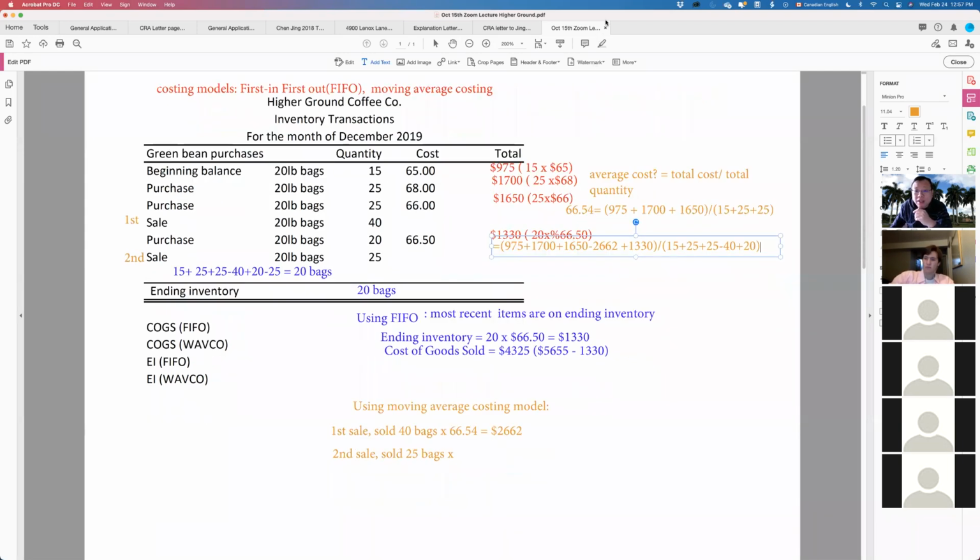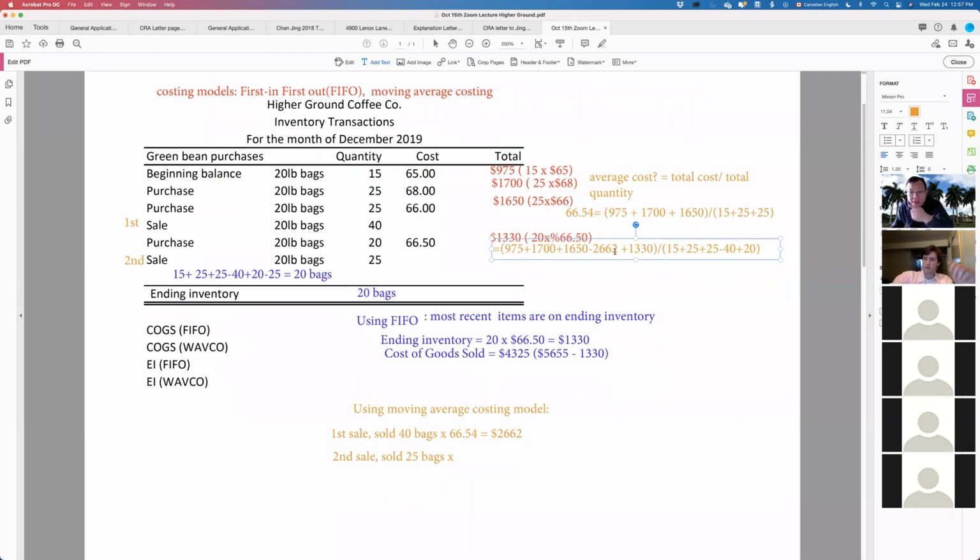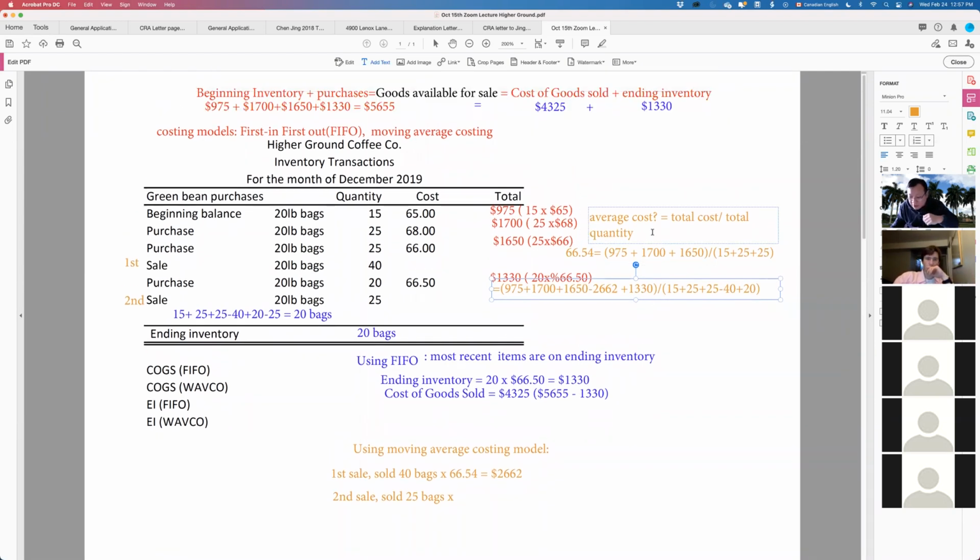Let me check the chats. Yes, okay, good, awesome. So now I need to calculate this number.